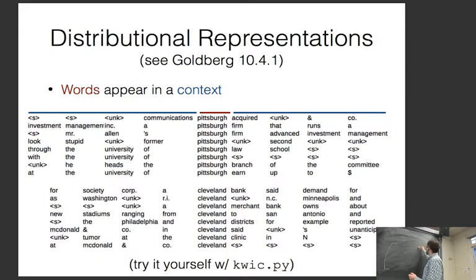The row is a word, so maybe the row would be Pittsburgh, and the second row would be Cleveland. And then the column would be something like, let's say we were using exactly this context, the count of the number of times each of these words occurred within a surrounding 8-word window.